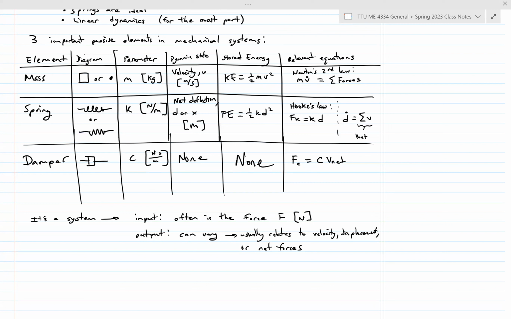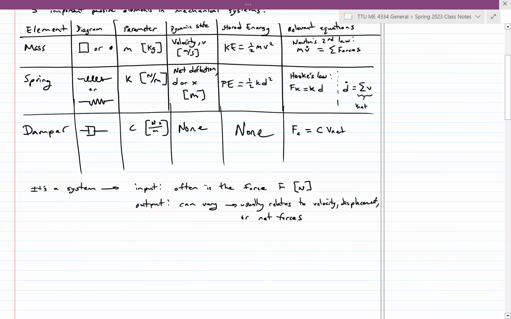Force times velocity is power, rather, right? And so we'd have power in minus power out is equal to the rate of change of energy, right? That's where Newton's second law comes from. It is conservation of energy.